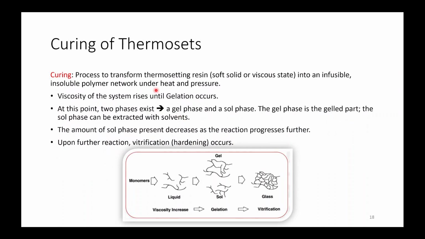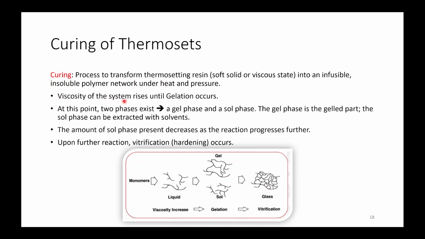Now curing of thermosets. Curing is the process to transform the thermosetting resin, this soft or viscous state, into an infusible, insoluble polymer network, which will be our final product, under heat and pressure.